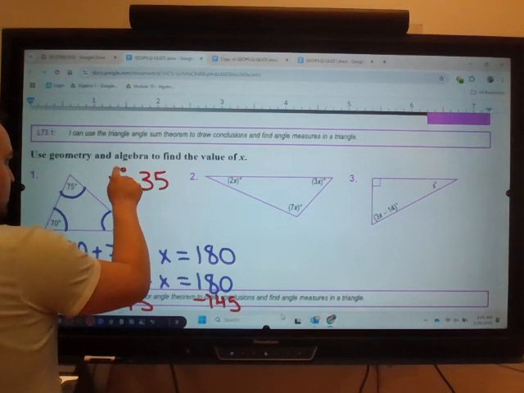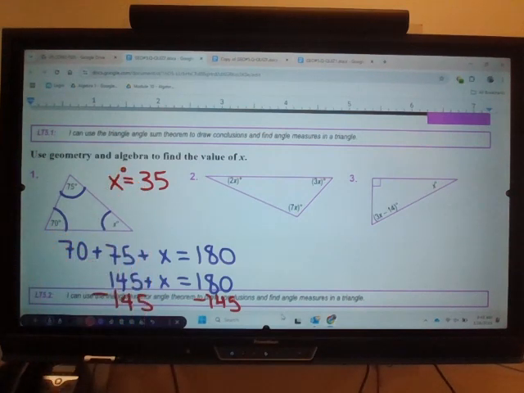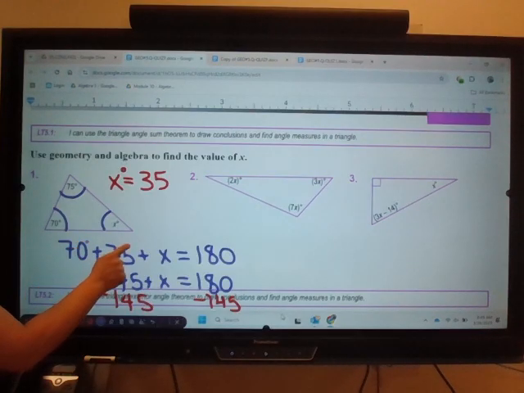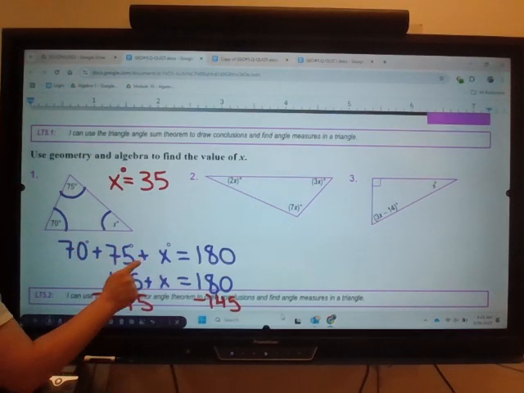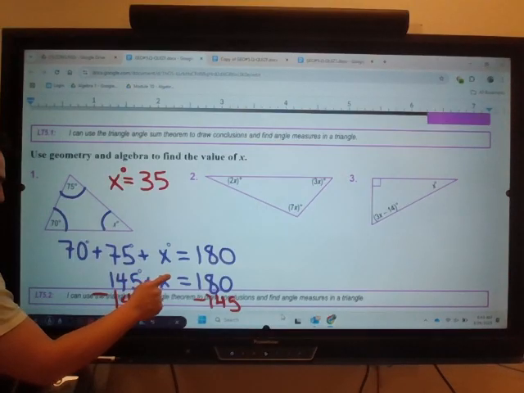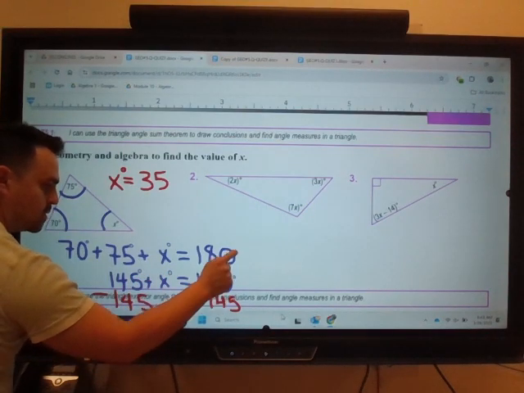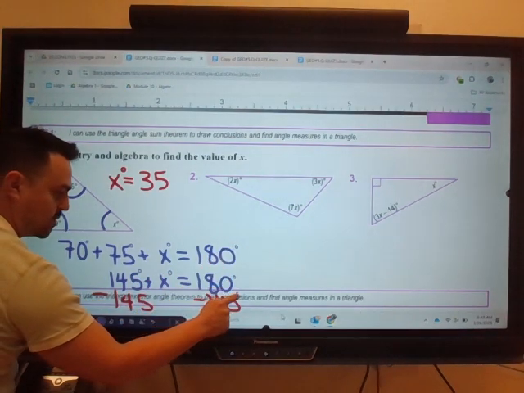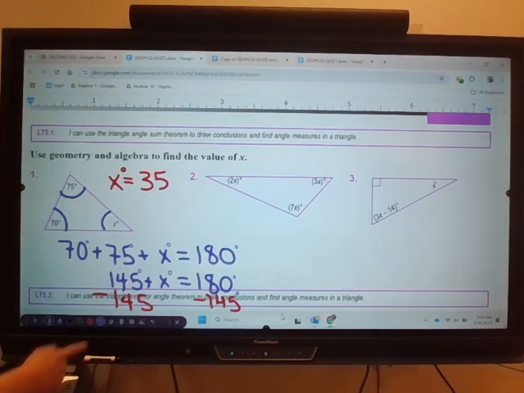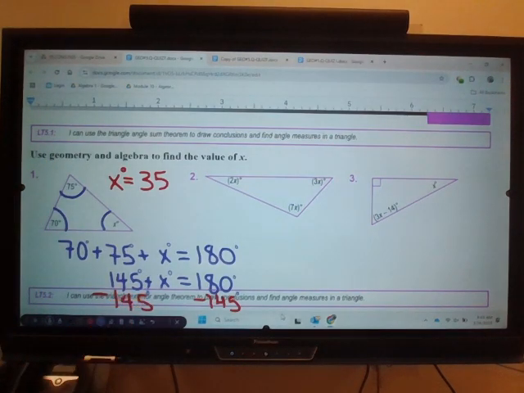Sorry, x degrees is equal to 35. I suppose I should have put these degree symbols here too. No, that's not a zero exponent. That just denotes a degree. It's a degree symbol.